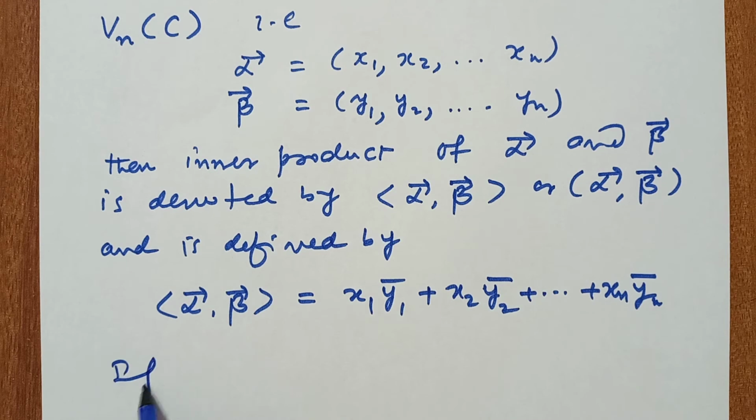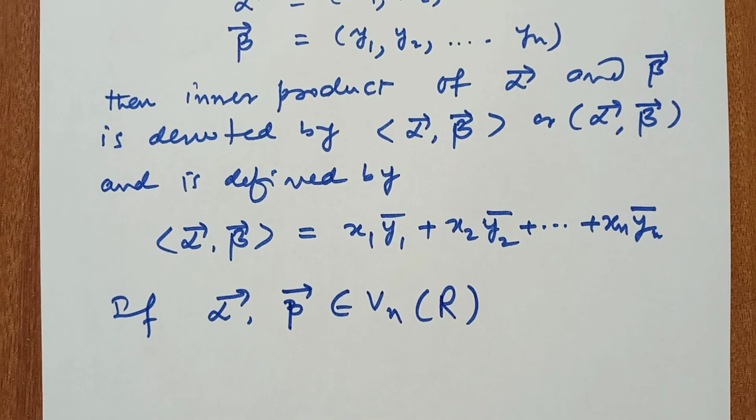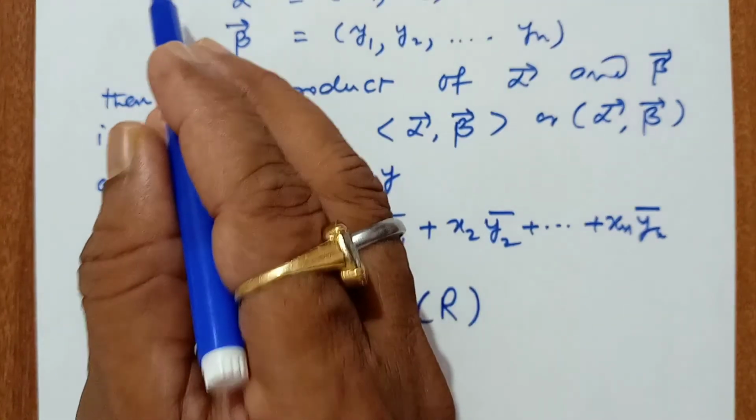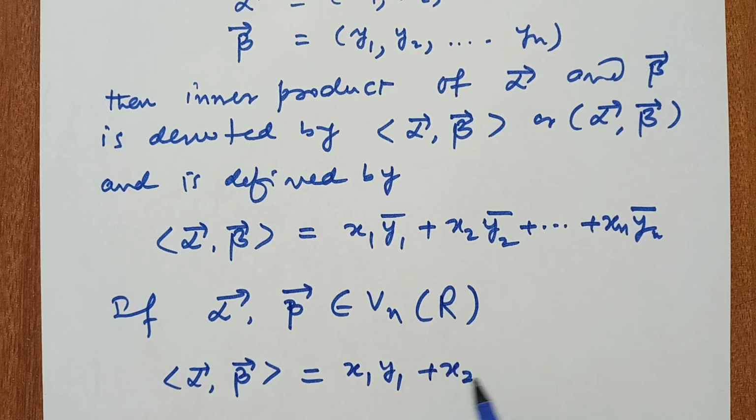If alpha and beta belong to Vn(R), where R is the set of real numbers, meaning in place of C we have R here, then the inner product of alpha and beta is equal to x1 y1 plus x2 y2 plus up to xn yn.